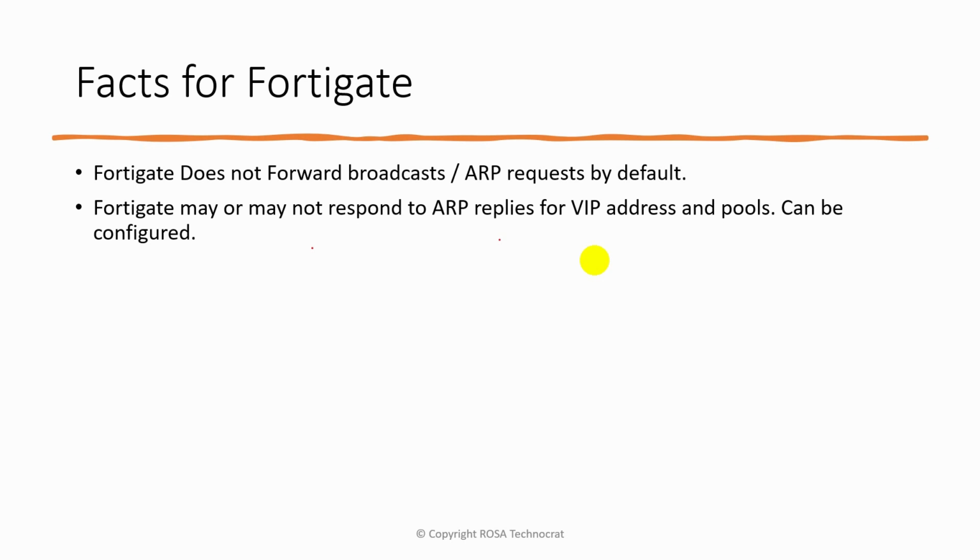You might be knowing the VIP address or virtual IP address on Fortigate. Whenever we create some static binding between IP to IP, like NAT, these are called VIP addresses. For VIP addresses also, Fortigate can reply based on the configuration done in the VIP, or it may not reply. So these were the few things related to Fortigate.